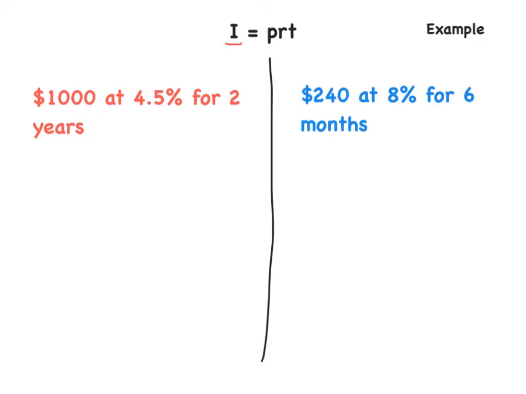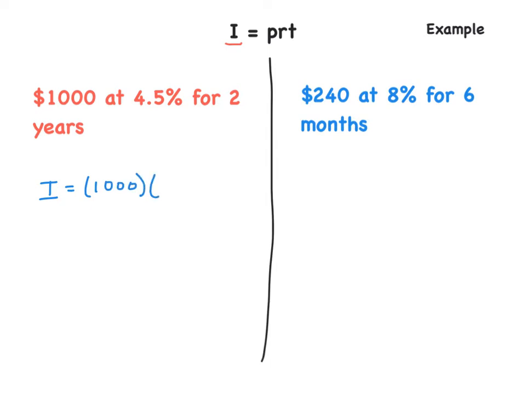$1,000 is the principal. 4.5% is the rate, and we've been given 2 years. So when we set this up, we have our interest, which is what we're trying to find. Now the P, the principal, is $1,000. I'm just going to put these all in parentheses.